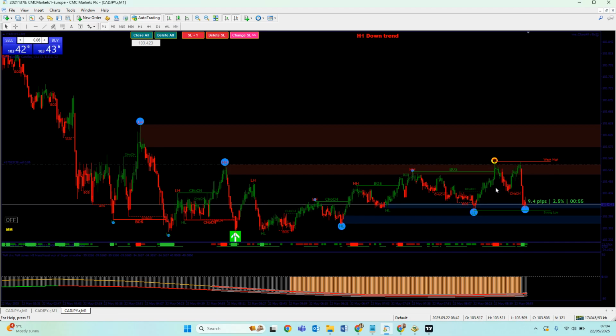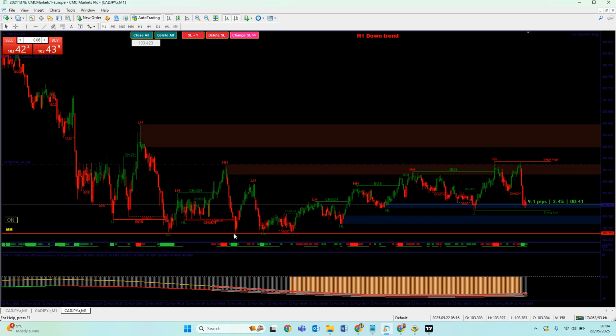So now the low that started the move will be manipulated. This low here, that's the lower low that created this uptrend. So this low will eventually be broken, and that will give us a continuation of the trend on the 1 hour time frame.